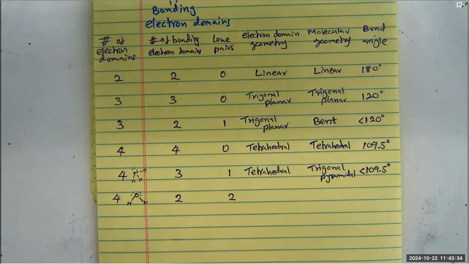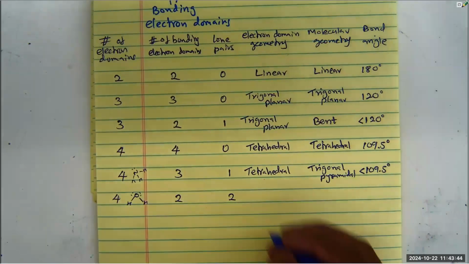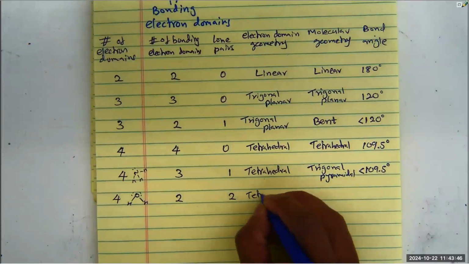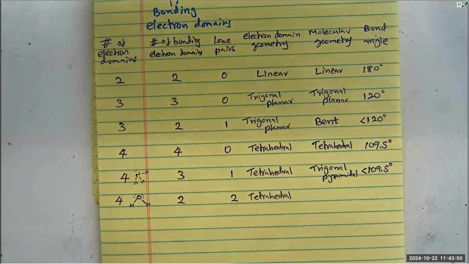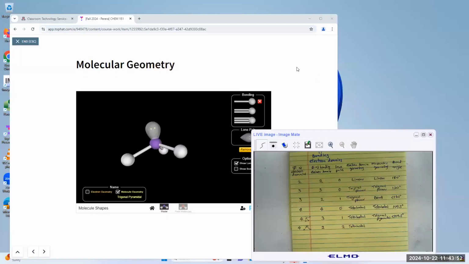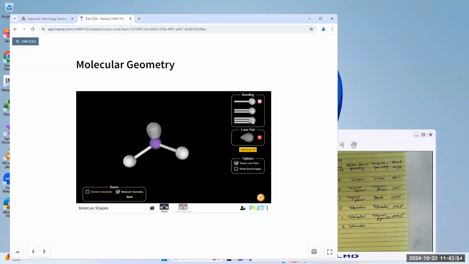What about the electron domain geometry? We have 4 electron domains. Therefore, the electron domain geometry is, thank you, tetrahedral. Now, the shape of the molecule, let's look at it. We have 2 lone pairs. Oh, look at that. It's a weird alien now.